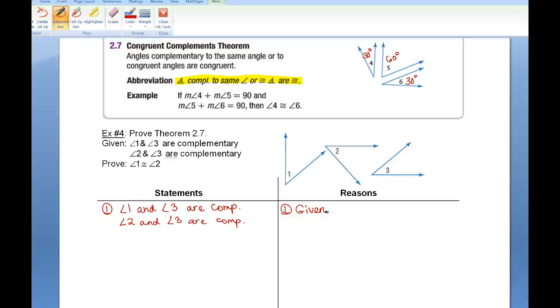The other one was the definition of complementary angles. What was complementary angles? When they add up to 90. Okay, so I'm going to write in measure of angle 1 plus measure of angle 3 is equal to 90, and the measure of angle 2 plus measure of angle 3 equals 90. Again, I have to use that little m because I'm using the equal sign here. And this is definition of complementary angles.